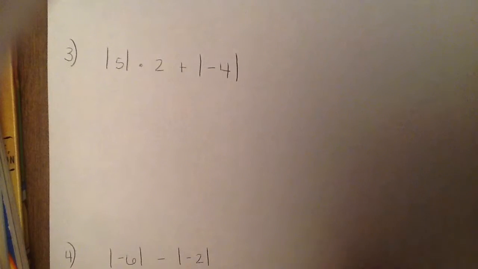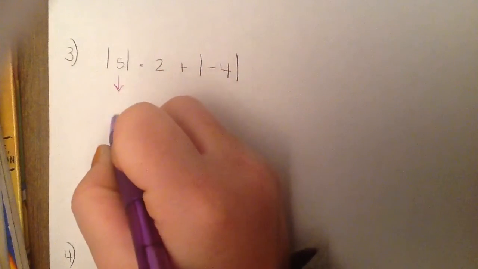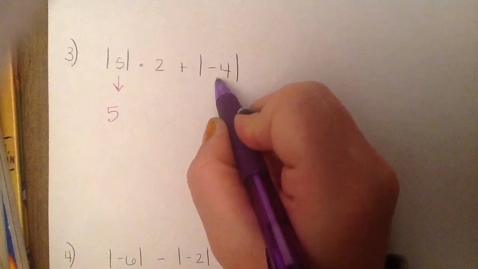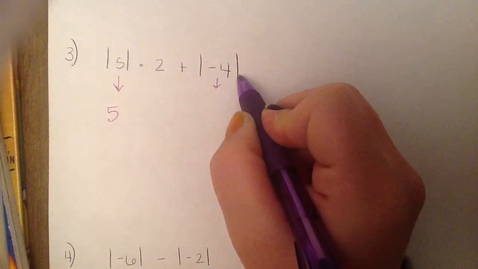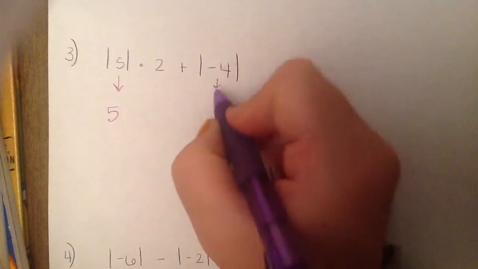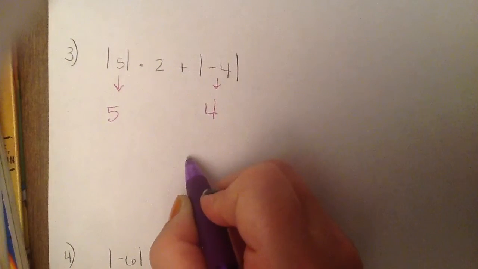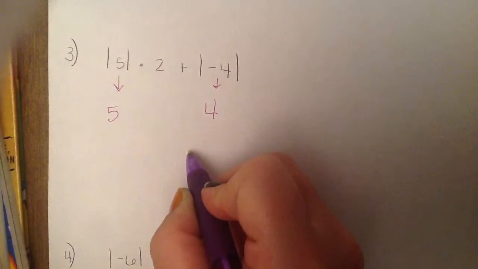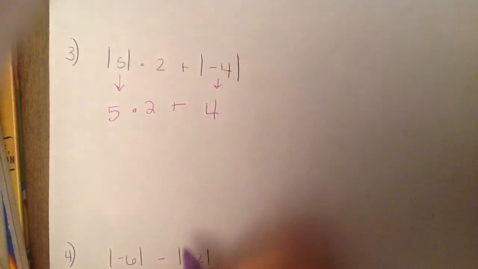Let's take a look at this one. Do your absolute value bars first. So the absolute value of 5 just remains a positive 5. And the absolute value of negative 4. Now remember, absolute value makes this number positive. So the absolute value of negative 4 is positive 4. What did I not bring down from the problem? That's right, the times 2 and the plus sign.